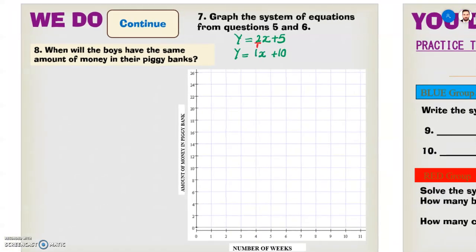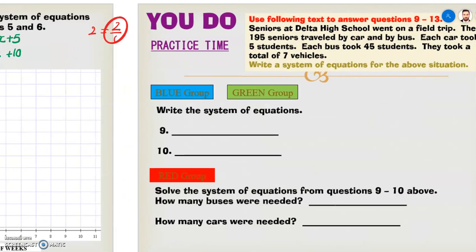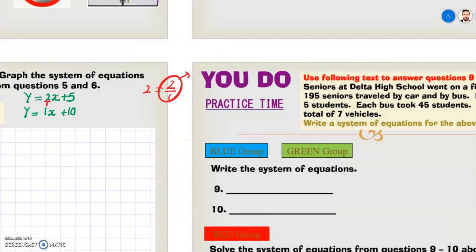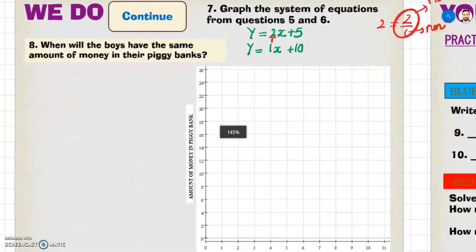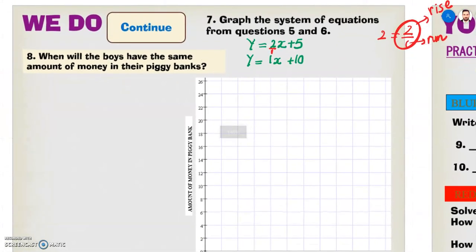I'm writing 2 as 2 over 1, because you have to remember that 2 represents rise and 1 represents run.